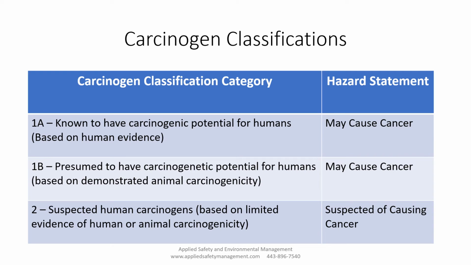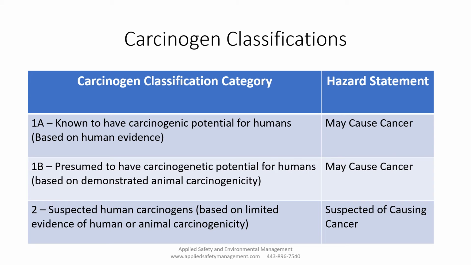The hazard statement associated with 1A is may cause cancer. A 1B carcinogen classification is presumed to have carcinogen potential for humans, and this is based on animal studies. The hazard statement for 1B is may cause cancer.